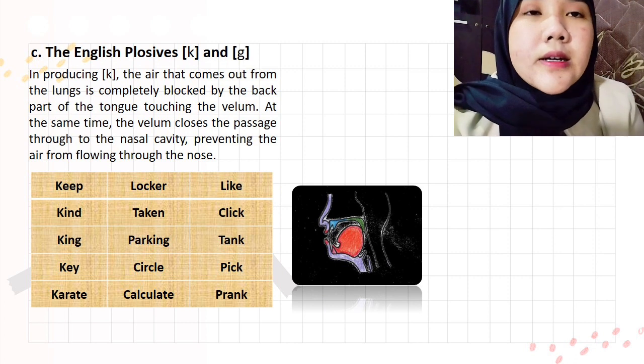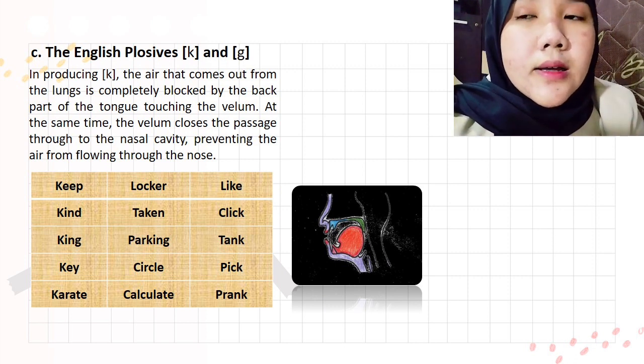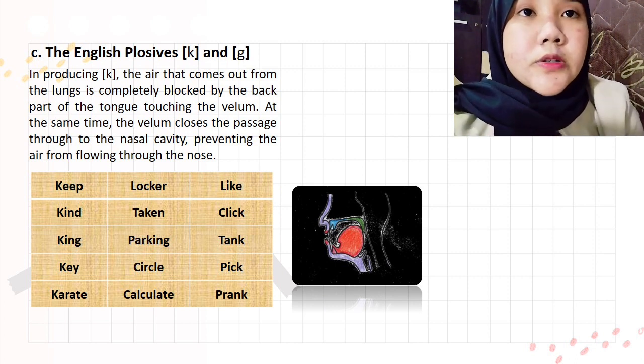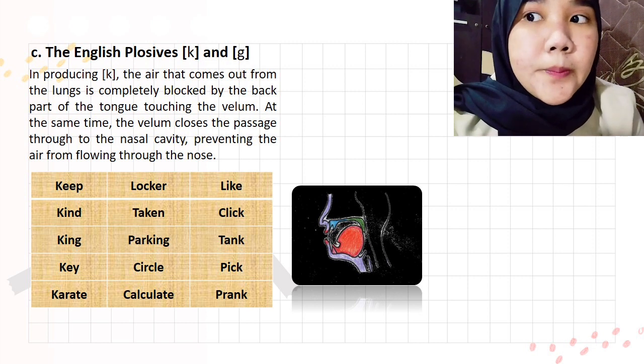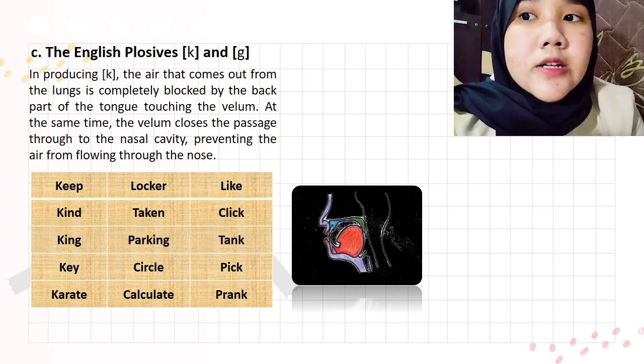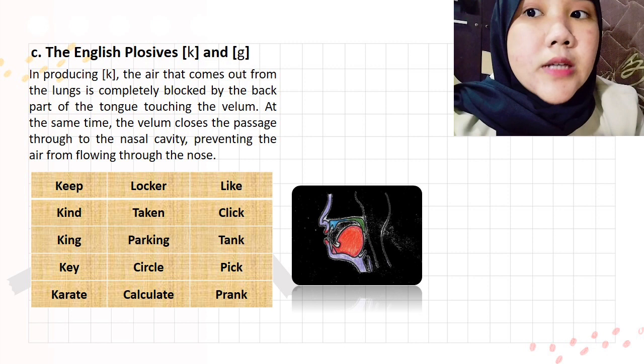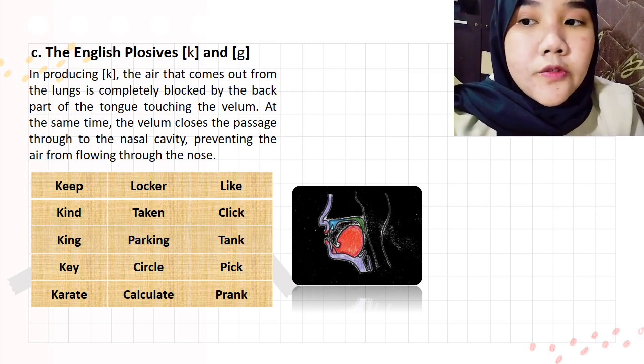Next, the English plosives k and g. In producing k, the air that comes out from the lungs is completely blocked by the back part of the tongue touching the velum. At the same time, the velum closes the passage to the nasal cavity.